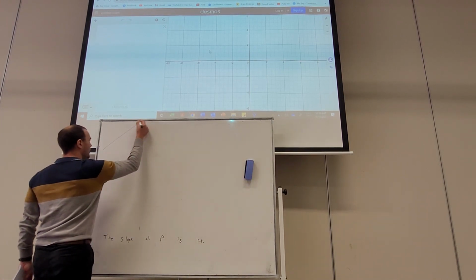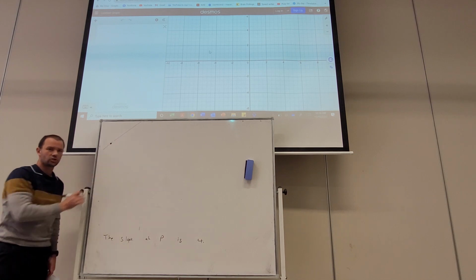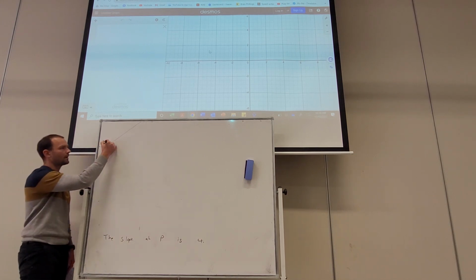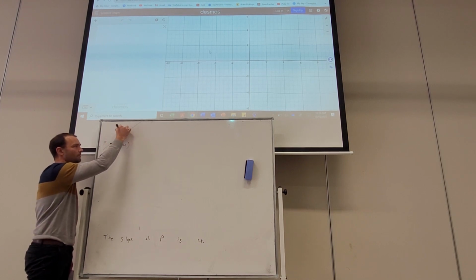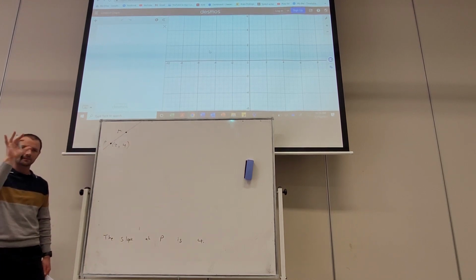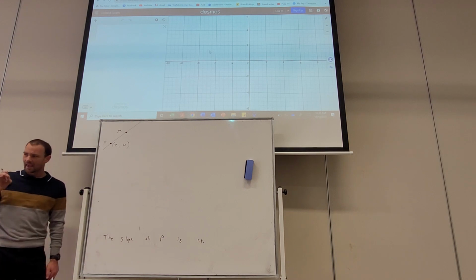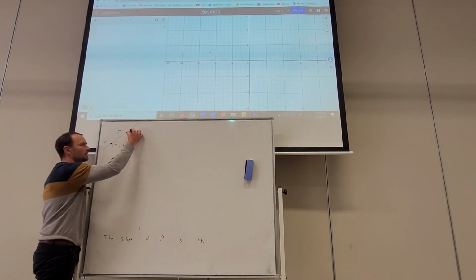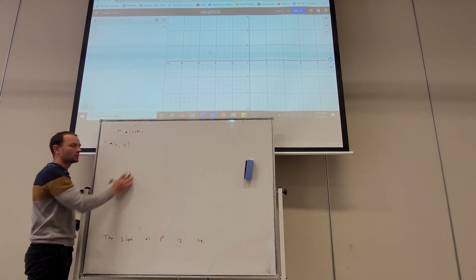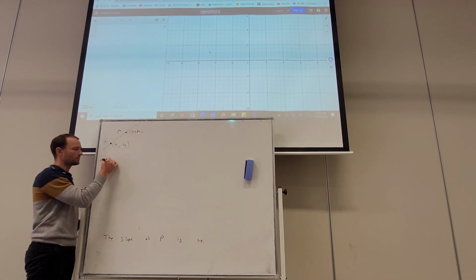Alright, so now to prove this conjecture, we're going to have the point P, which has an x coordinate 2, y coordinate 4, and we're going to have point M, we're going to zoom right in on it so it's even closer. And the x coordinate of point M is going to be 2 plus h as h is approaching 0.